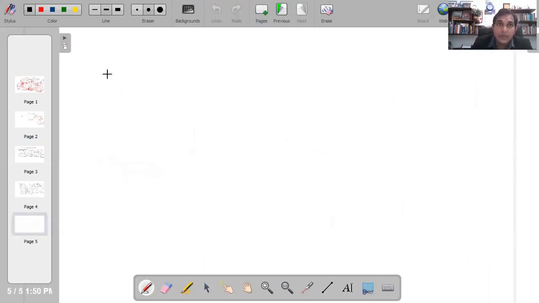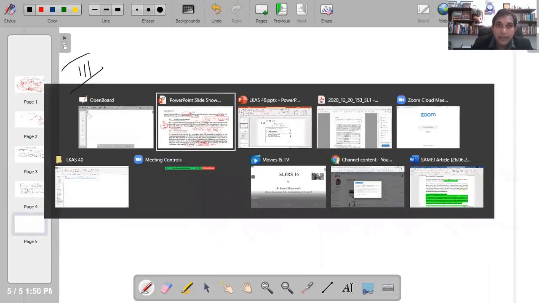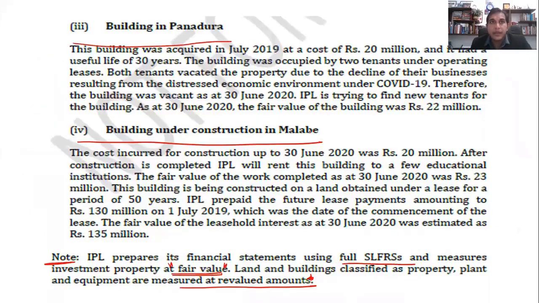Let's go to the third property. That is a building. Building in Panadura. Okay. Take 1 minute and read quickly.